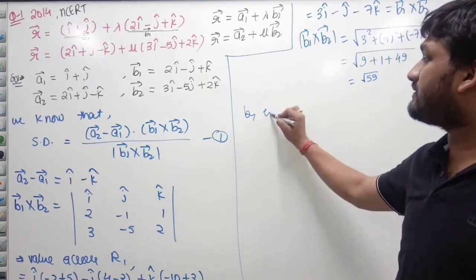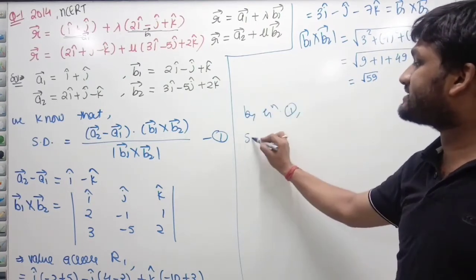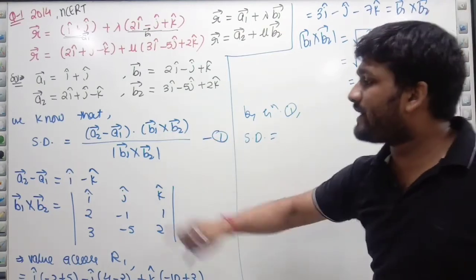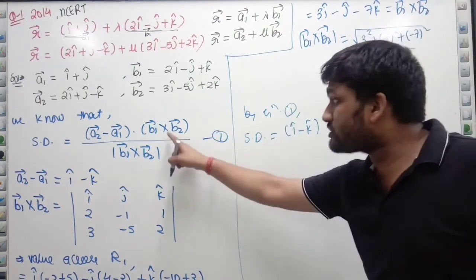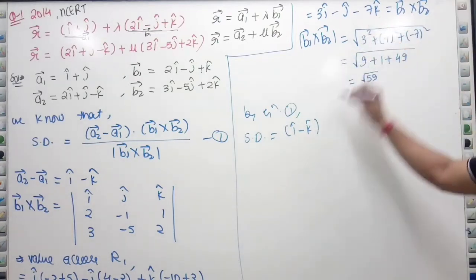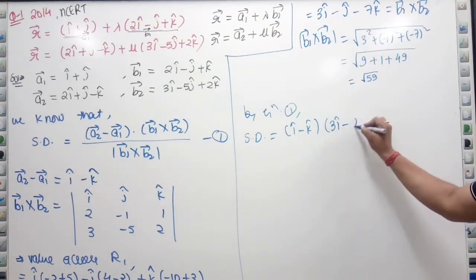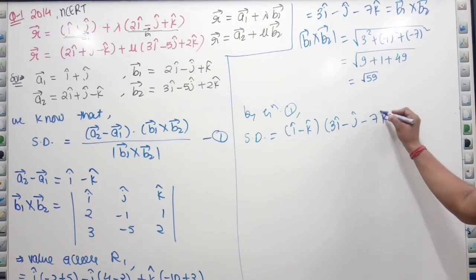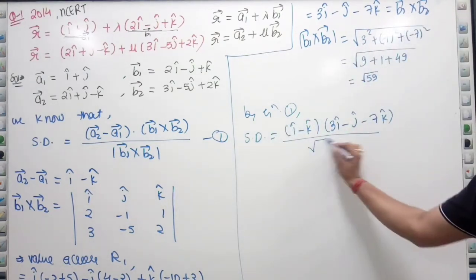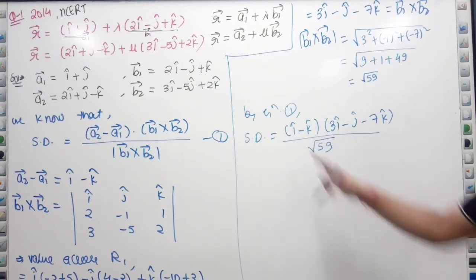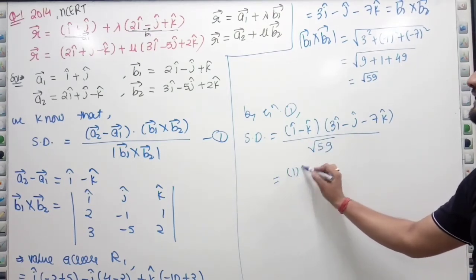By equation number 1, shortest distance is equal to a2 minus a1, that is i minus k, dot b1 cross b2, that is 3i minus j minus 7k, upon mod of b1 cross b2, that is root 59. So multiply the i components, 1 into 3.